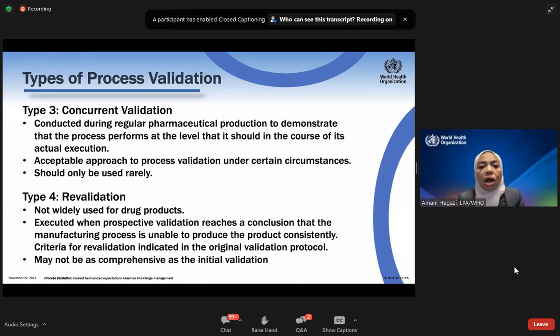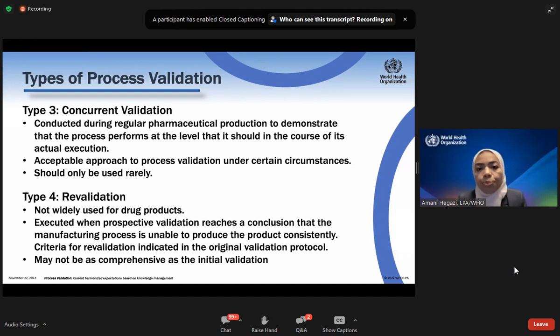But now with the current process validation approach, revalidation is no longer used because if we see any signals or any trends in the continuous process verification, we go back to stage 2 in the process qualification, or we go further to the process design. So no longer revalidation activity, we have the continuous process verification.